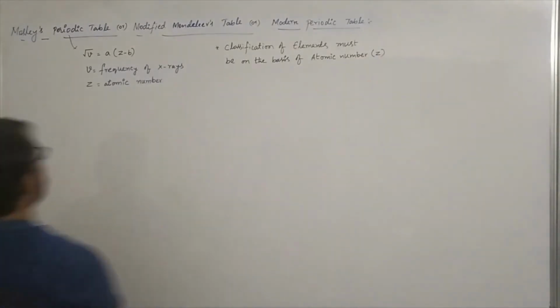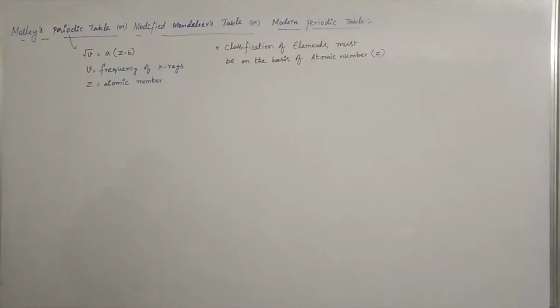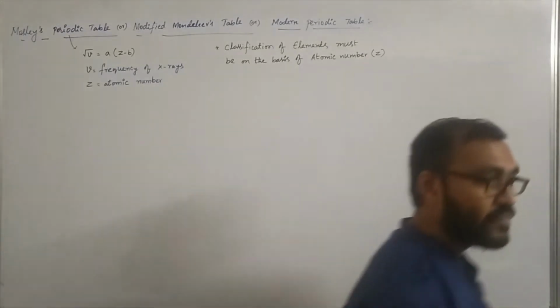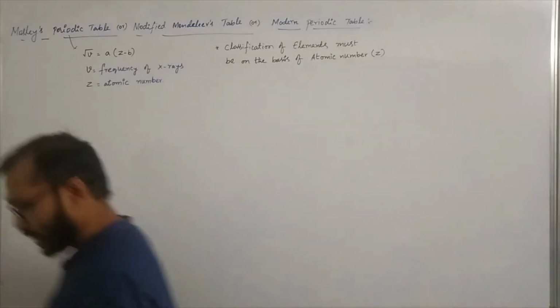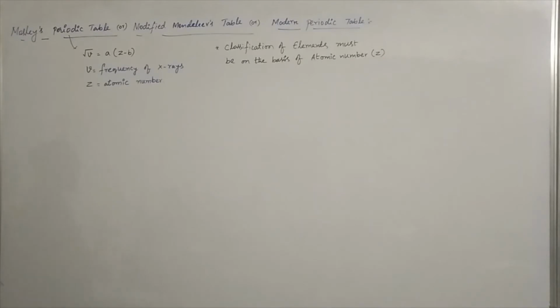Till now, periodic properties of elements were considered periodic functions of atomic masses, whether it is Dobereiner's triads, Newlands' octaves, or Mendeleev's table.